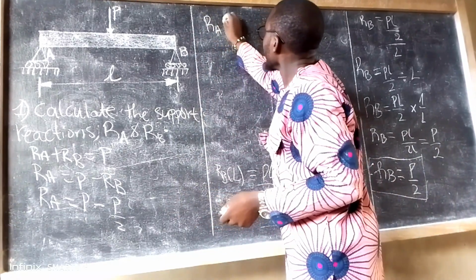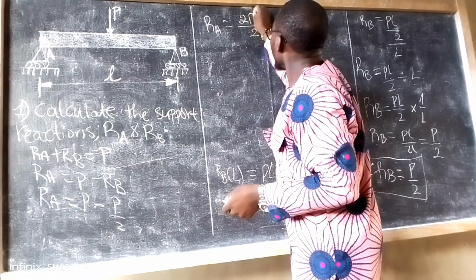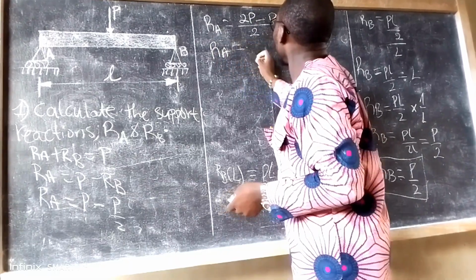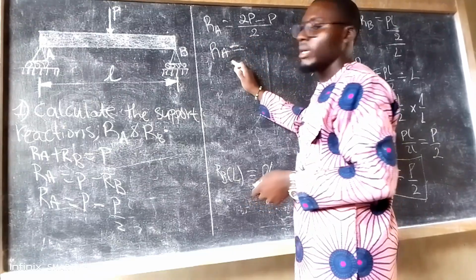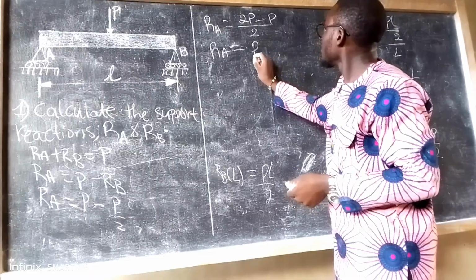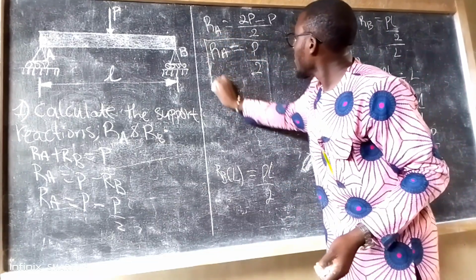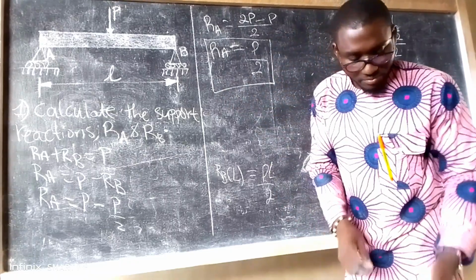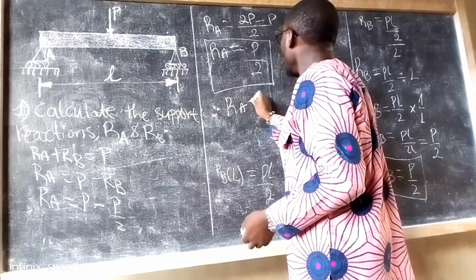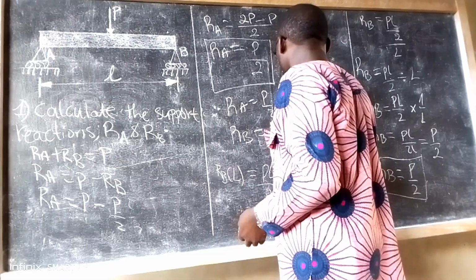So RA is equal to 2P minus P, all over 2, which is P on 2. So RA is equal to P on 2 and RB is the same, P on 2.